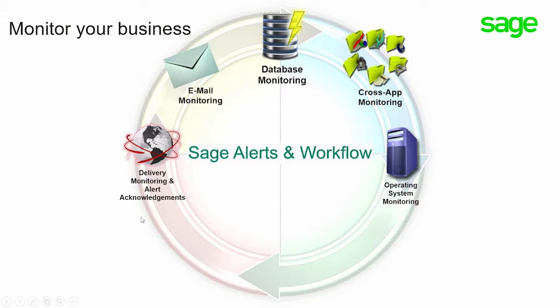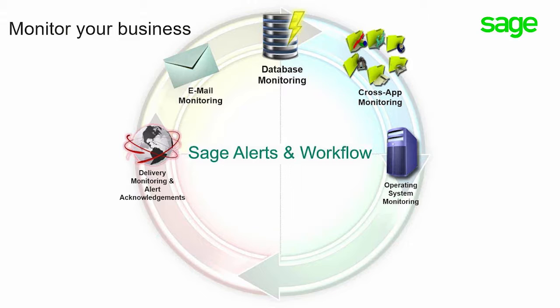But even more important than that, to me, is on the middle left of the current slide. New in Alerts in Workflow version 9, just released, is what we call delivery monitoring, and most importantly, alert acknowledgments. You know, an alert is only as good as its ability to reach its intended recipient, and for that matter, that recipient's ability to act on that alert.